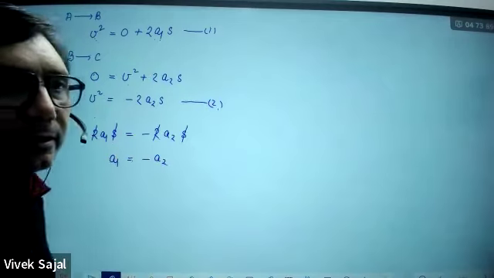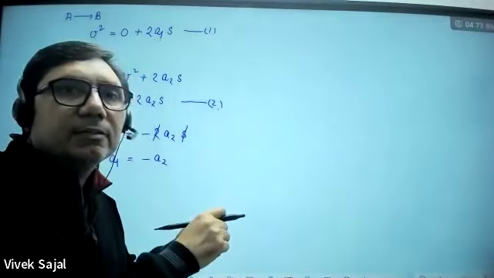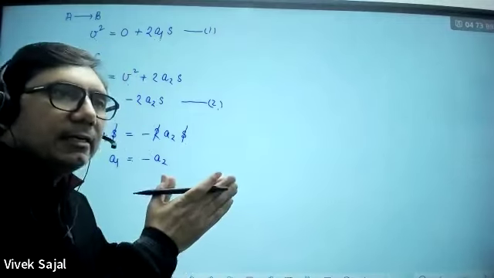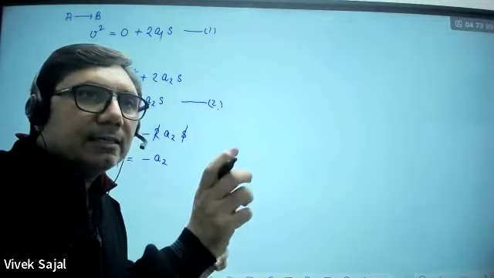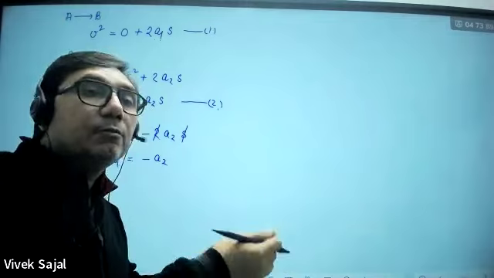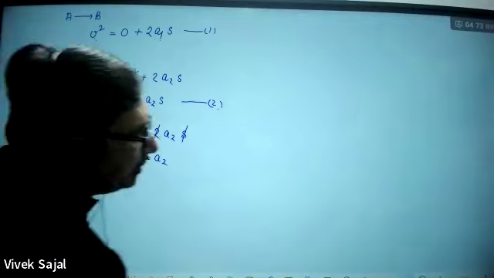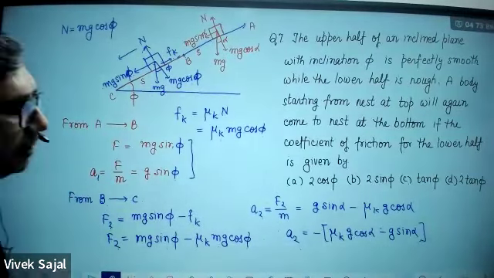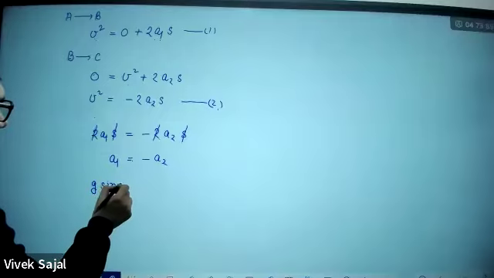We are aware of this because for half of the journey it will be accelerated and achieve some maximum velocity, and from that maximum velocity it will start deaccelerating and become zero. So whatever is the acceleration in the first half will be equal to the deacceleration in the second half. Now substitute these expressions here. What is the expression of a1? g sin phi.